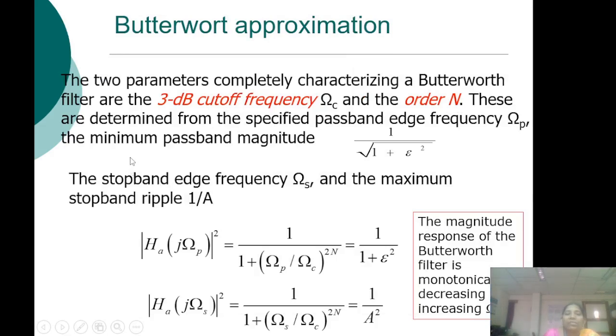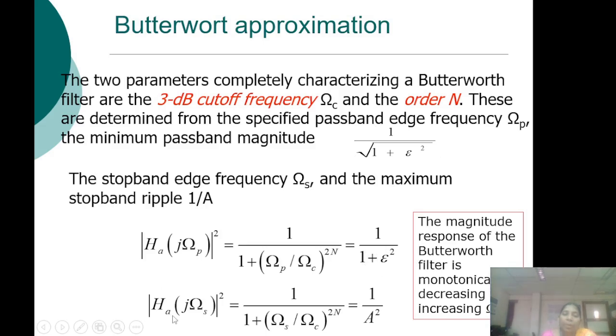And if you see, we have a concept called stop band edge frequency, which is given as omega s, and pass band edge frequency, which is given as omega p. Generally the pass band edge frequency omega p is determined by 1 by root of 1 plus epsilon squared. So now we are equating, that is, modulus of Ha of j omega whole squared is equivalent to 1 by 1 plus omega p by omega c whole power 2n, which is equivalent to this pass band magnitude response 1 by 1 plus epsilon squared.